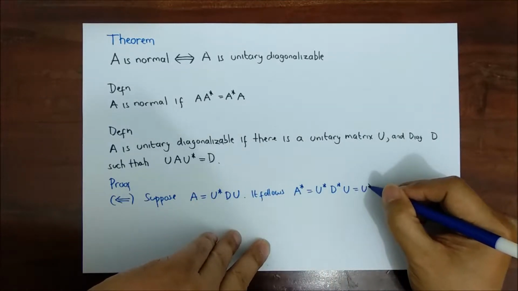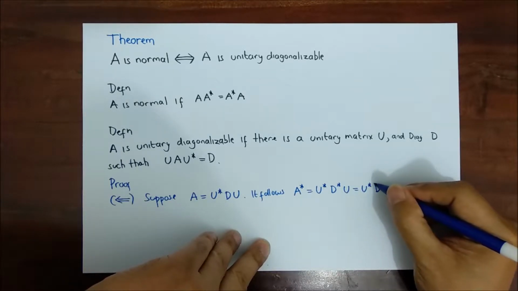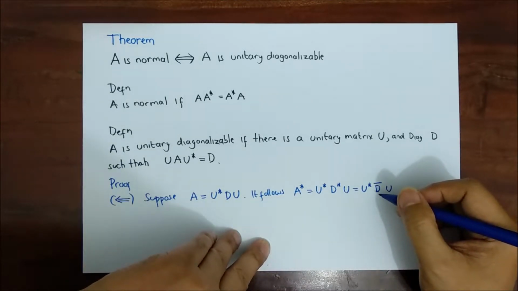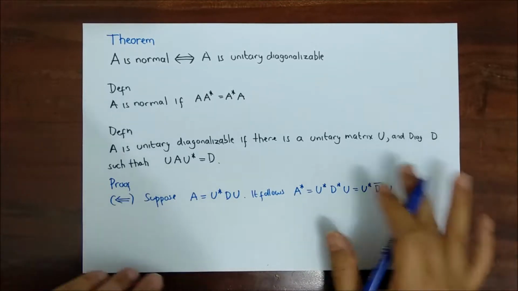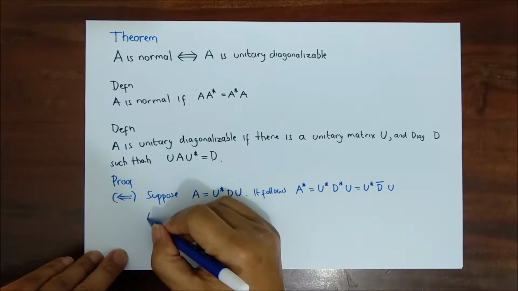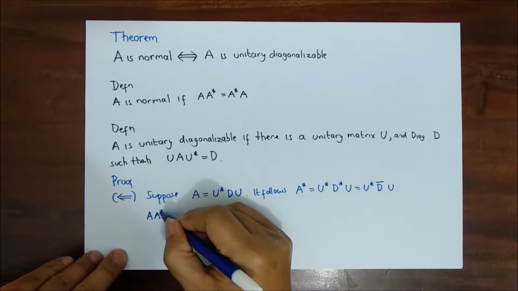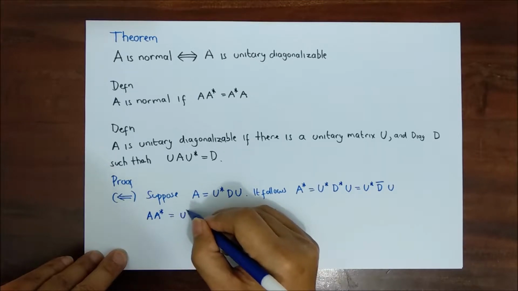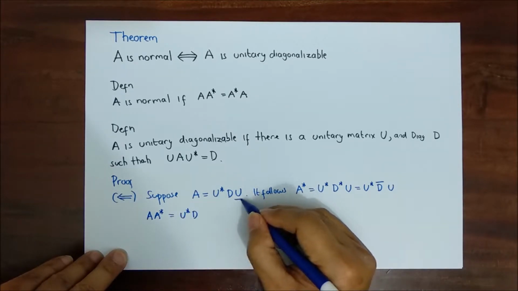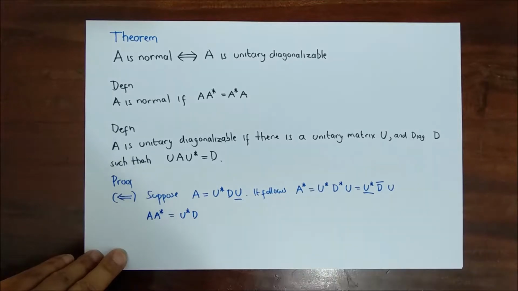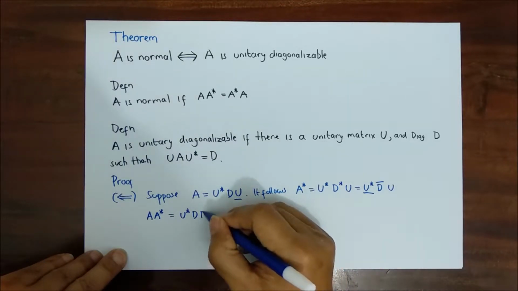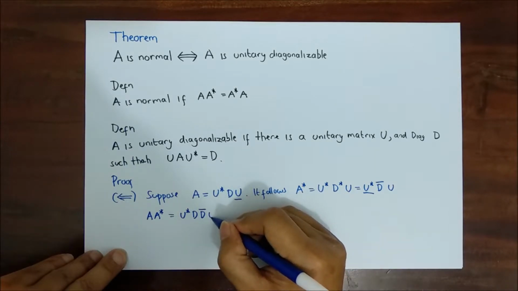So we can write D star as D bar, meaning that we conjugate each entry of D. So for A star, we have U star D, and then U and U star, by the definition of unitary matrices, U U star is equal to the identity matrix, so we're left with U star D bar U.